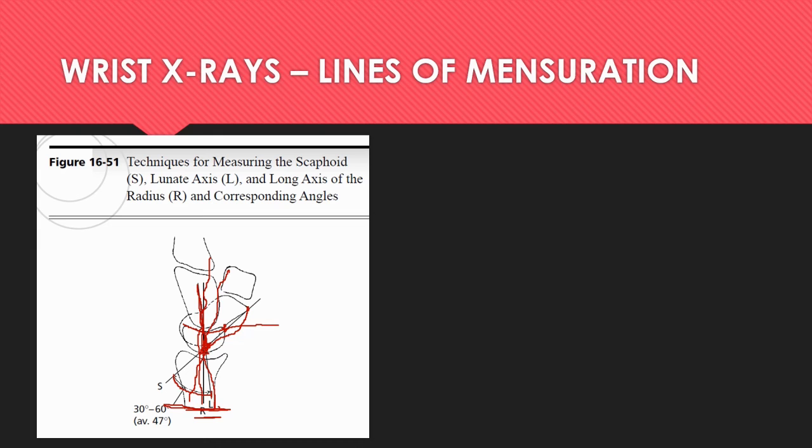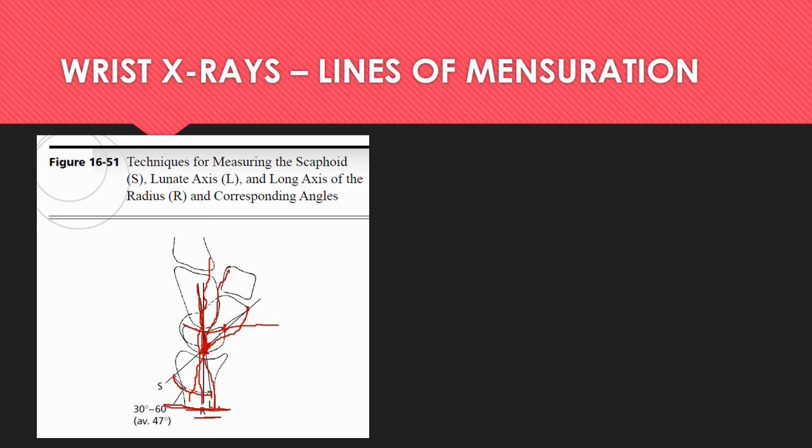So you can see that if the scaphoid bone here was more vertically oriented, this angle would diminish down to 0, with any measurement between 0 and 30 degrees representing a disruption of the scapholunate articulation.